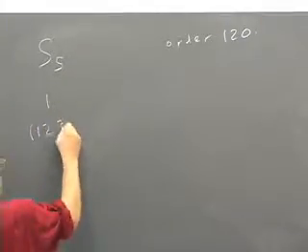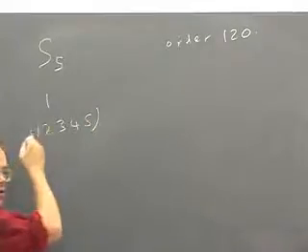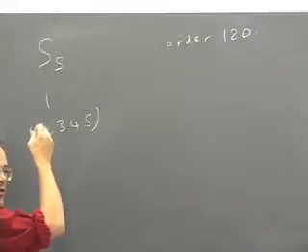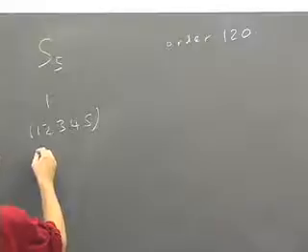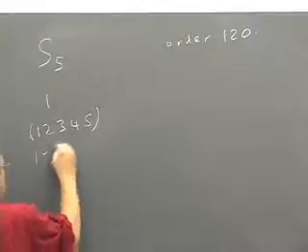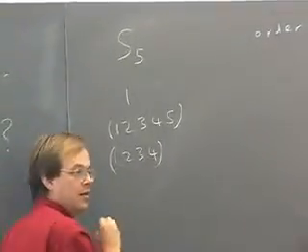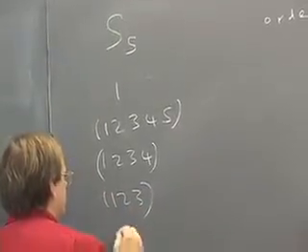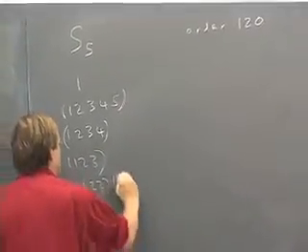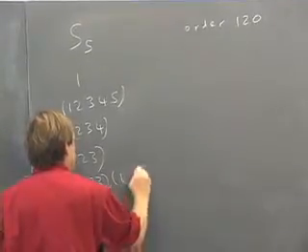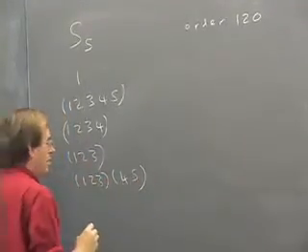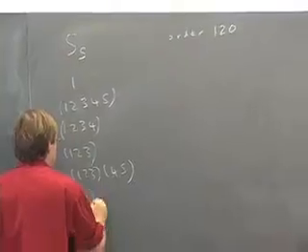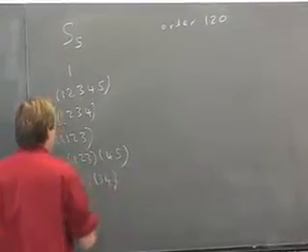A 5 cycle. A 4 cycle. A 3 cycle. A 3 cycle with a 2 cycle. A 2 cycle. A 2 cycle with another 2 cycle.